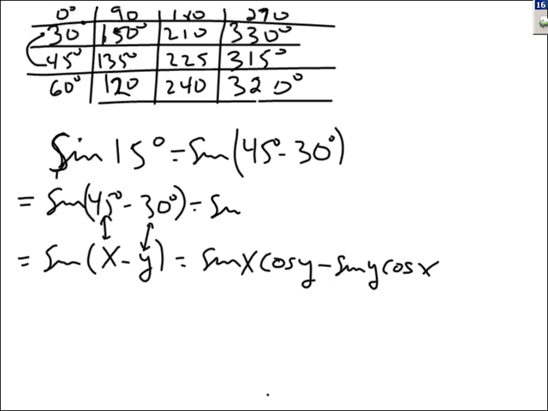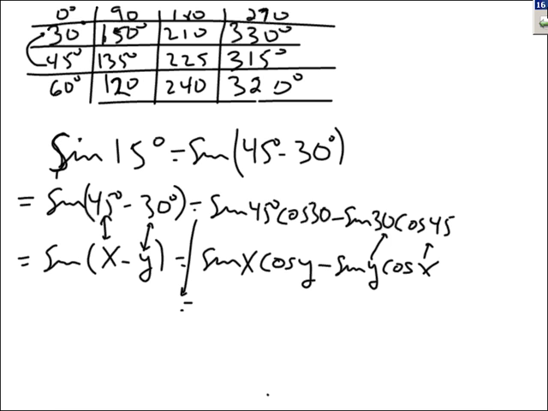So we get the sine of 45 degrees times the cosine of 30 degrees, minus the sine of y, which is 30, times the cosine of x, which is 45. And coming down here, the nice thing is we know everything about 30 and 45.